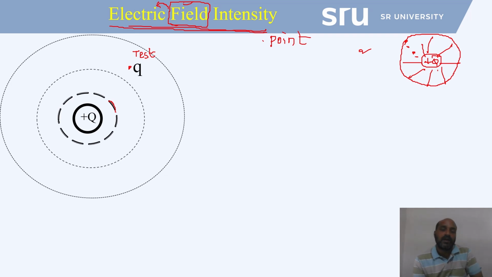Now this test charge is within the region of this plus Q, so the effect will definitely be there. That effect depends on the magnitude of this Q, whether it is 1 Coulomb or 2 Coulomb or 3 Coulomb and so on. The larger the test charge, the more the interaction.